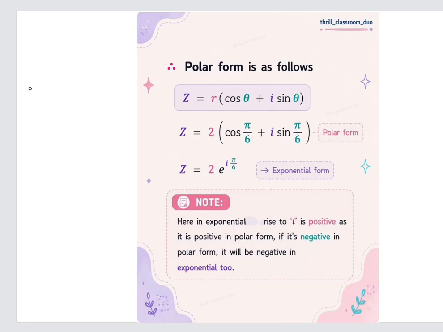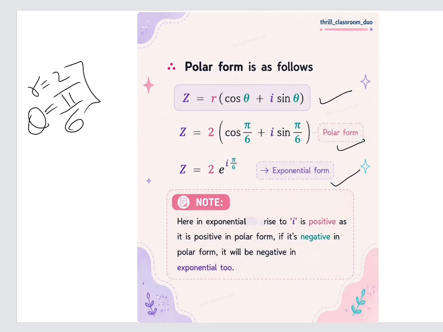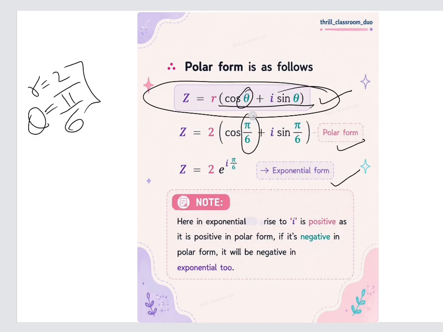Now, as we know the value of r is 2 and theta is pi upon 6, we can put these values in the equation of polar form and then exponential form. So what was the formula for polar form? It was z equals r multiplied by cos theta plus i sin theta, where theta is pi upon 6 and r is 2.